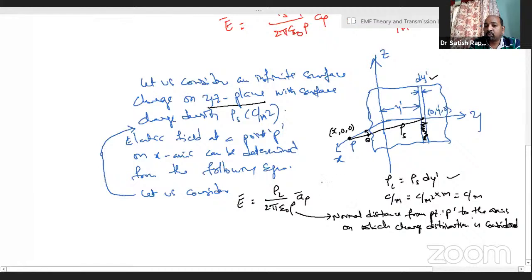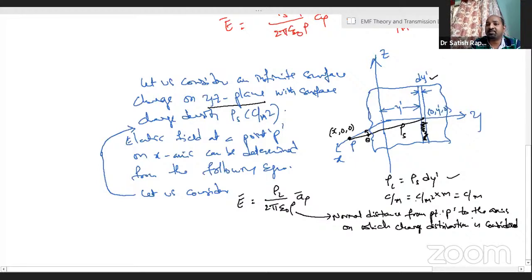Earlier also we have seen line charge. So it is the normal distance from point P to the Z axis. Why to the Z axis? Because the line charge is considered on the Z axis. So from point P to the Z axis is the normal distance.